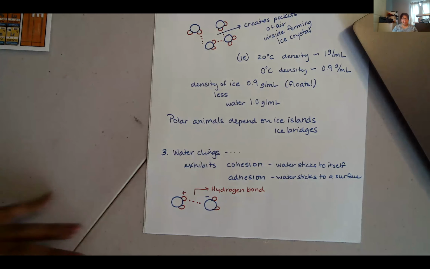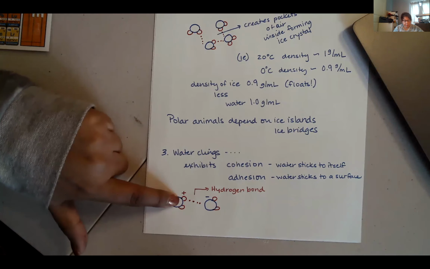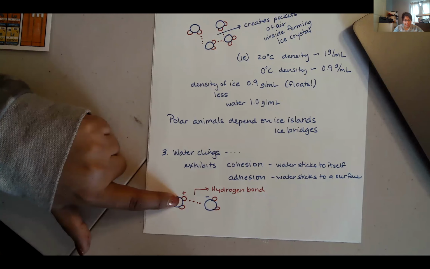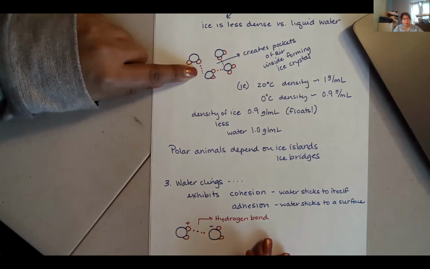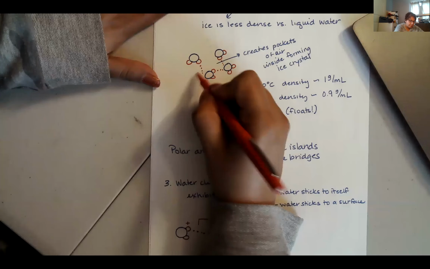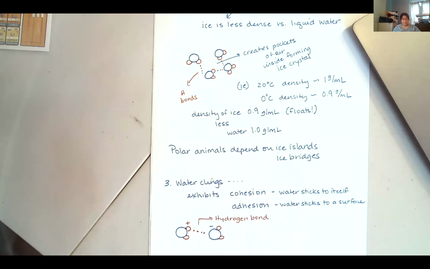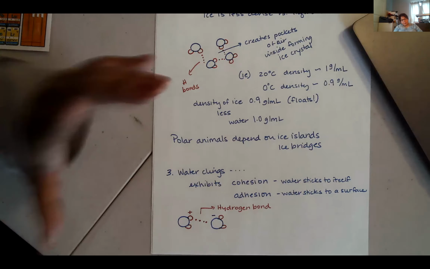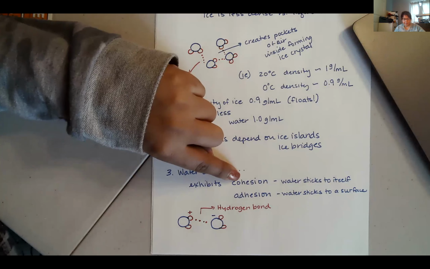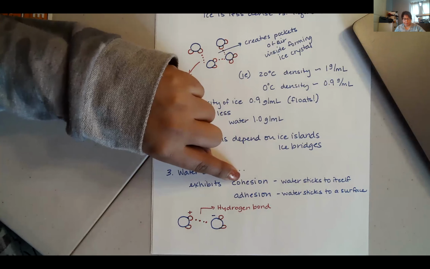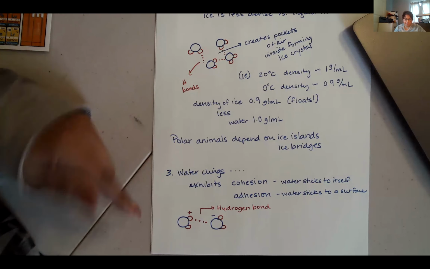Water molecules have a tendency to form tons and tons of hydrogen bonds, and it always happens between the hydrogen of one molecule and the oxygen of a separate molecule. These, by the way, up here, are all hydrogen bonds as well. Now, the interesting thing about this hydrogen bond is that this is why we say that water molecules are cohesive, that they stick to themselves. In other words, water is naturally attracted to itself.